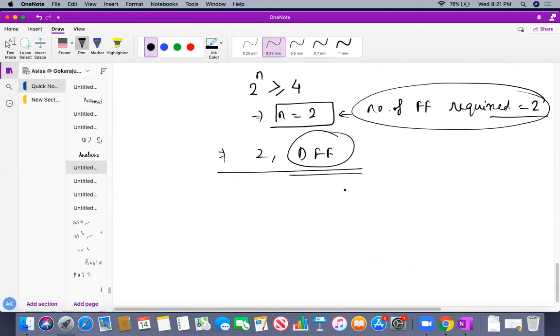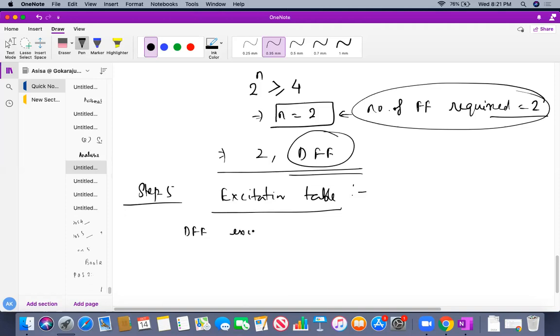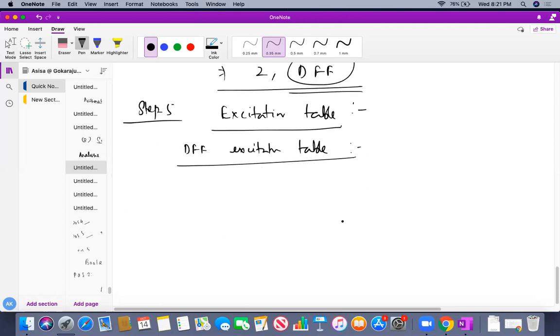Now in this step 5, we have to find the excitation table from the state table. One important thing we came to know is that we require D flip-flops. So what is the excitation table for the D flip-flop? We require it because the sequential circuit we are going to design needs 2 D flip-flops.